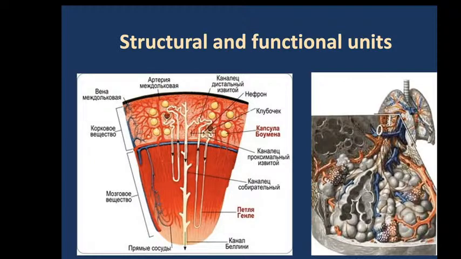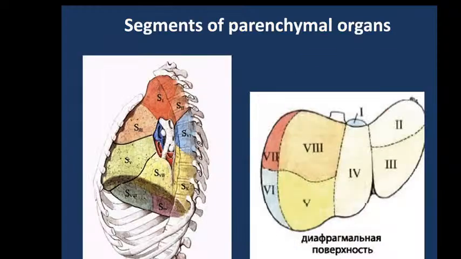Nephron, as maybe you remember, nephros in Greek means kidney, and nephron is the smallest structural and functional unit of the kidney. We also talked about acini in lungs, and almost every parenchymal organ has its own structural and functional elements or units.